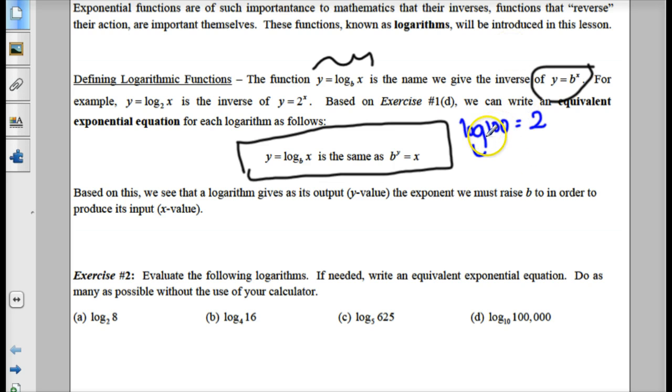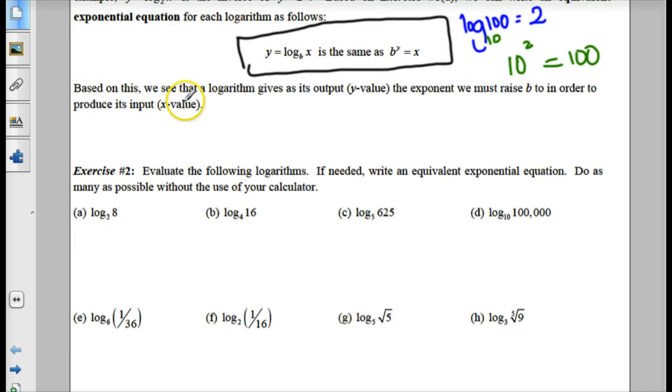When there's no little number written at the bottom, that's normally a 10. And the way I remember it is 10 squared is going to give me 100. Log base b of x is the same as b to the y, whatever my answer is, and it's going to give me this number.